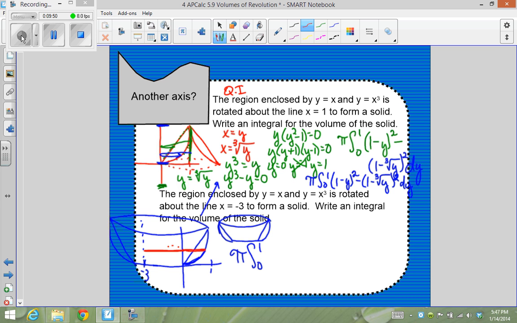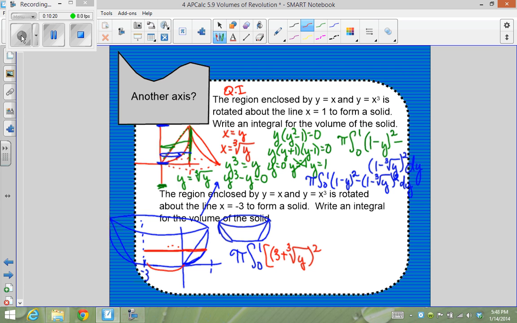So this time, from -3 to 0 is 3, plus this curve right here. So this piece is going to be 3 plus the cubed root of y squared.